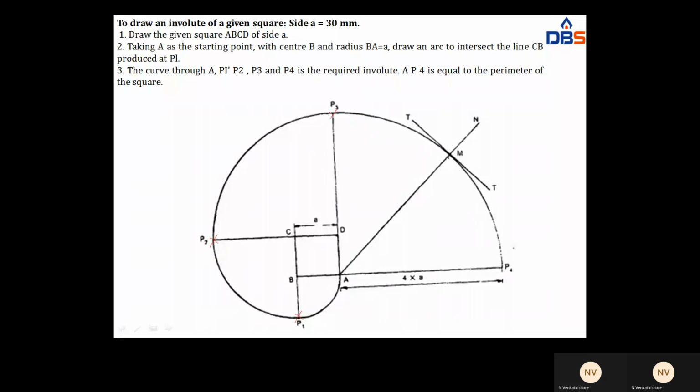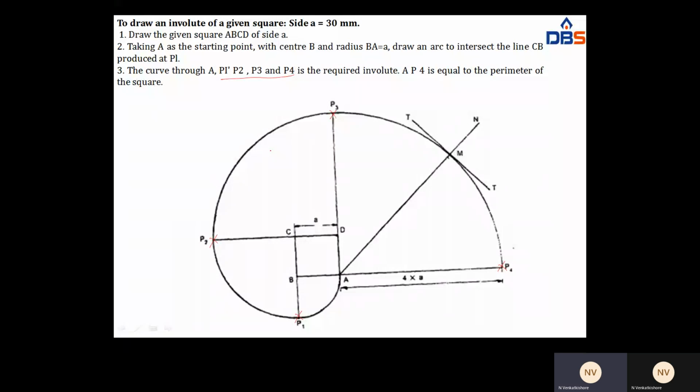DP2, we get the point P3. And AP3, we get the point P4. Then join all the points, P1, P2, P3, and P4. That is finally the required involute.